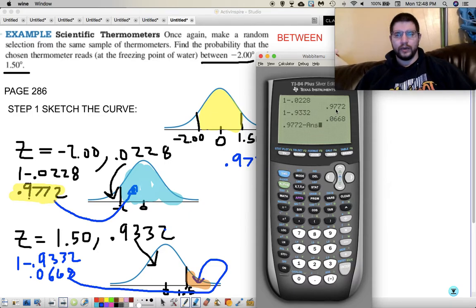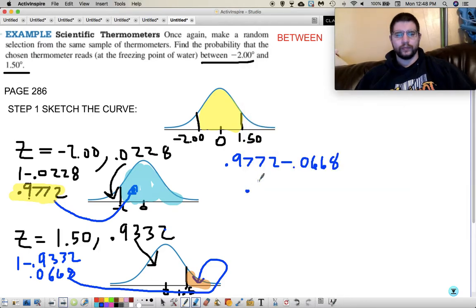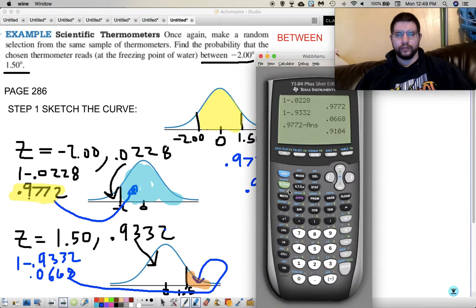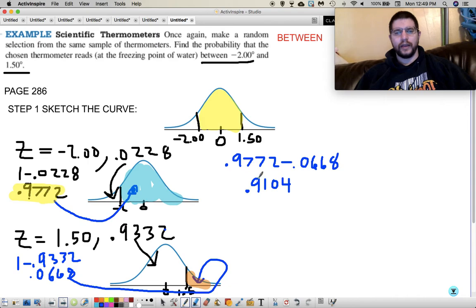I'm going to take 0.9772 minus the 0.0668. Gives me 0.9104. So that is the area between -2 and 1.5.